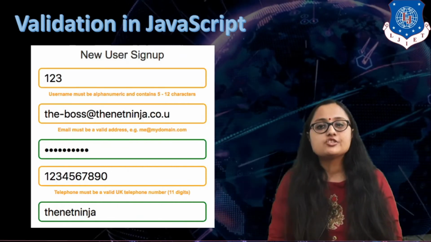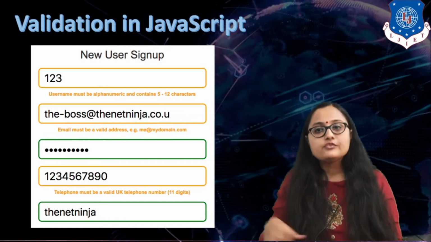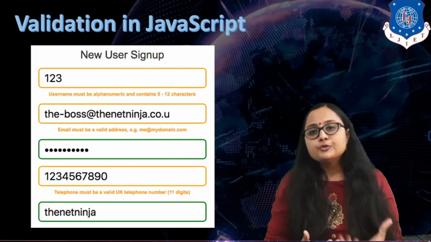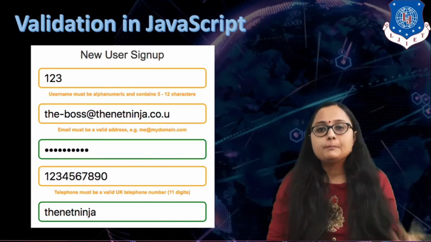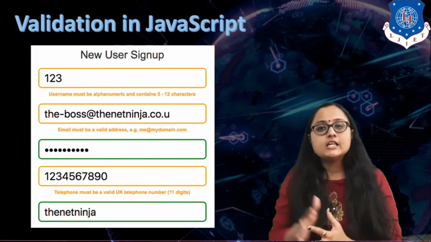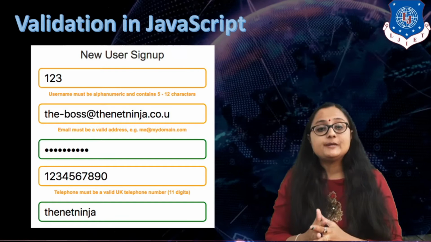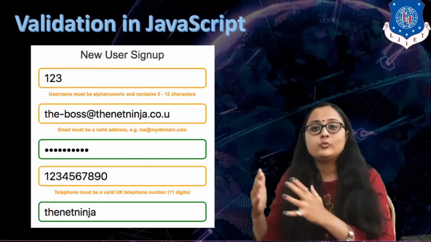You have seen web pages with a sign up or registration form, right? There is certain input that you take from the user, and that should match a particular pattern. For example, in the first text box there is a message being displayed that the username must be alphanumeric and should contain 5 to 12 characters.